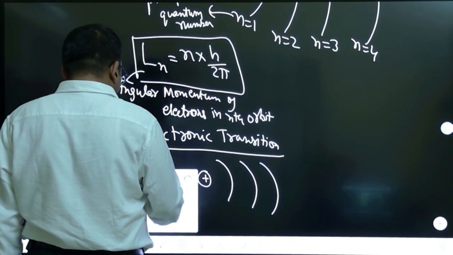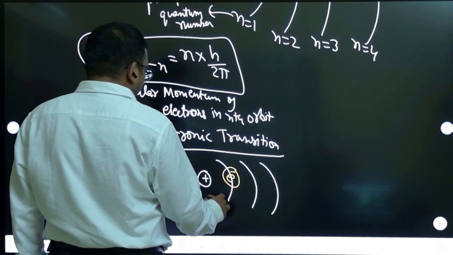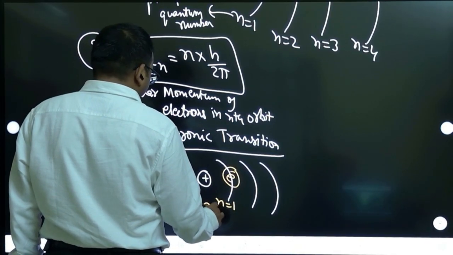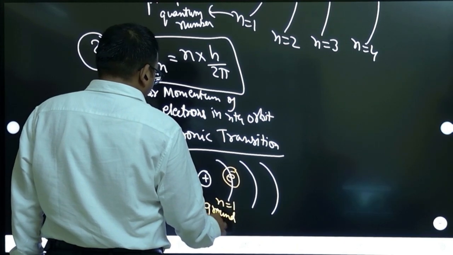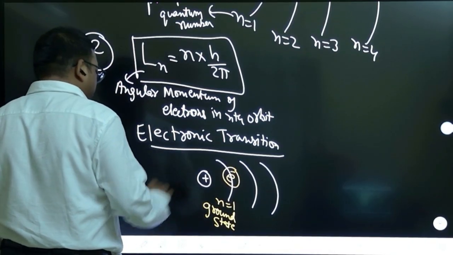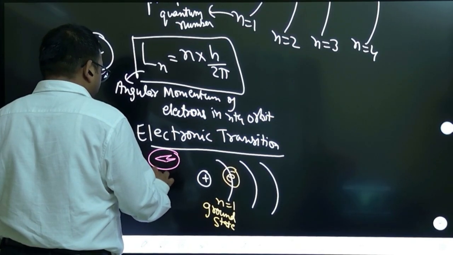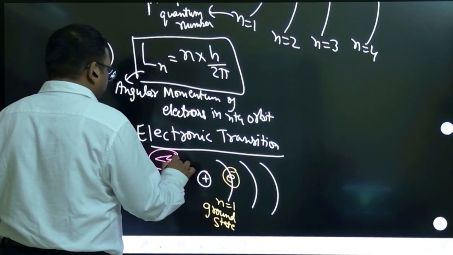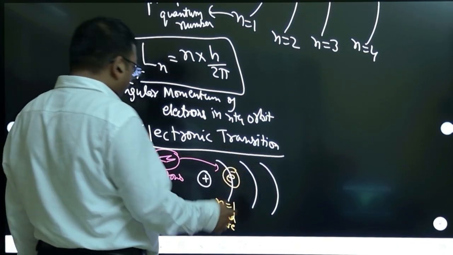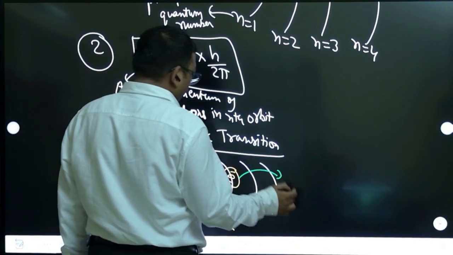Suppose the electron is present here, n equal to 1, which is called the ground state. If you supply photons, meaning electromagnetic waves, the electron can absorb that photon and, after absorbing, jump to a higher level.